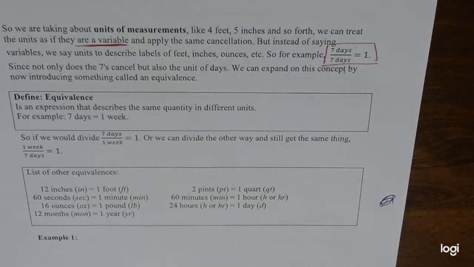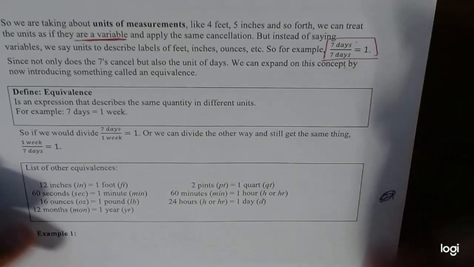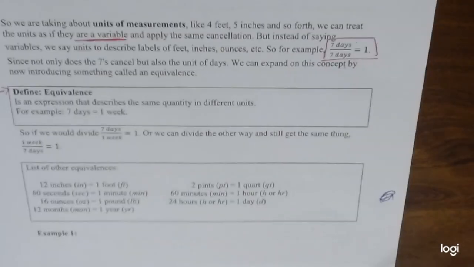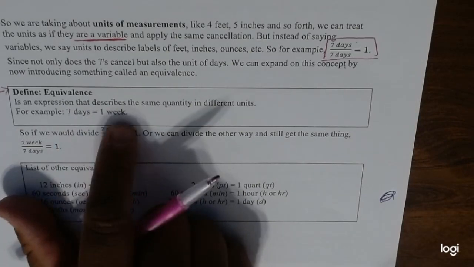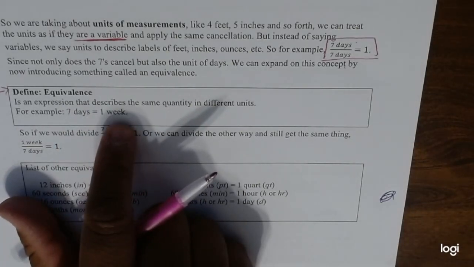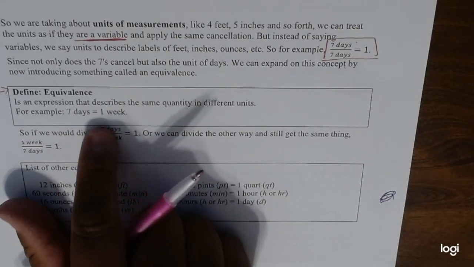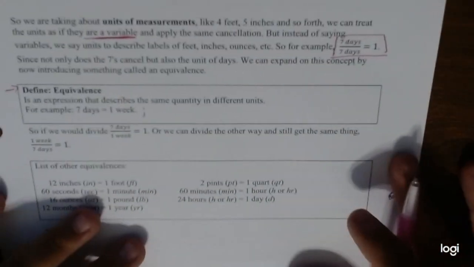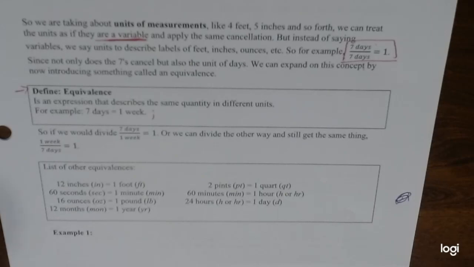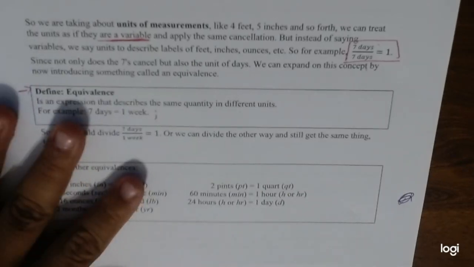Based off that concept, we want to call something an equivalency, okay? An equivalency is an expression that describes the same quantity in different units. For example, there are 7 days in 1 week. That's called an equivalency: 1 week equals 7 days. There are a couple more equivalencies you probably know right off the bat. You can even look at the clock system.